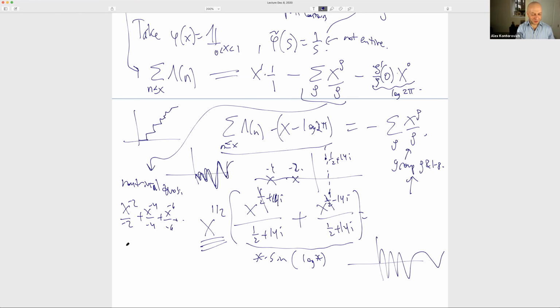If you pull out a factor of a half, then what's left is log of 1 over 1 minus 1 over x squared. I'll let you work this out. It's a simple exercise in power series. You mean the trivial zeros, right? The trivial zeros, thank you. The trivial zeros contribute this, and so some people will pull this out and leave only the non-trivial zeros.